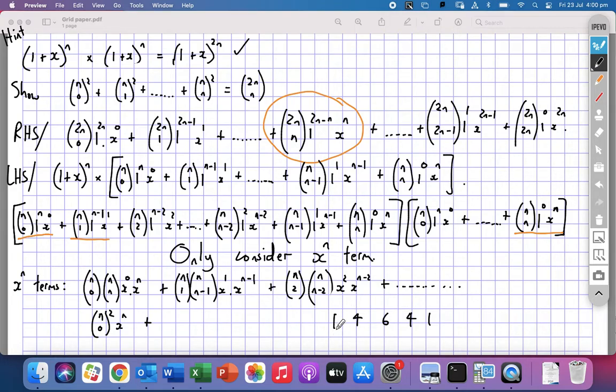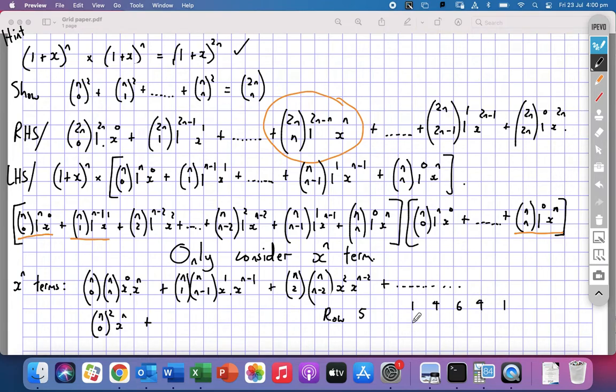So this would be your n choose 1. In fact, let's write it out clearly. So we look at row 5 of Pascal's triangle. It goes 1, 4, 6, 4, 1. Right?